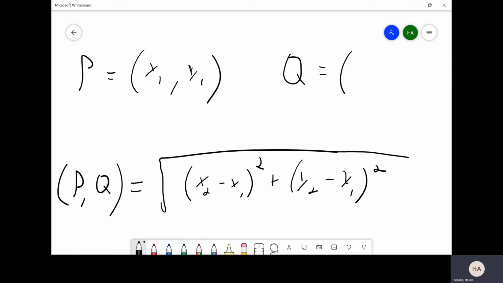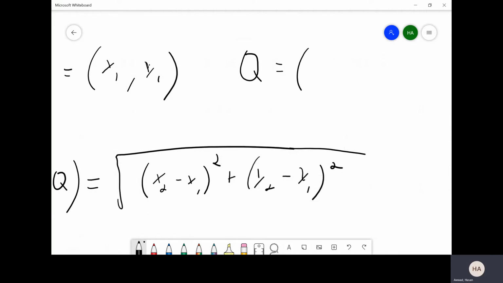If they're not different components, then it's the same point, so P is equal to Q. Then the distance would be 0, because when you plug it in, it wouldn't go anywhere. There is no distance between a point and itself. So Q is going to have different x and y components, so we'll just call those x2 and y2.